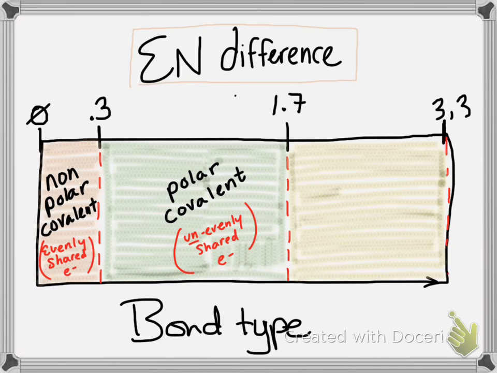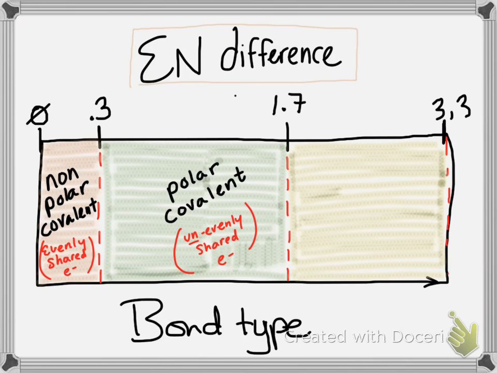We get regions of partial charge. So one end of the molecule will have more electrons, and hence will have a little bit of a negative charge. The other one kind of gets the electrons stripped away, so it ends up with a little bit of a positive charge. Okay. Now, those are our covalent bond types.